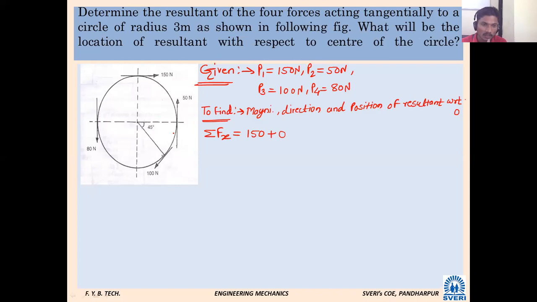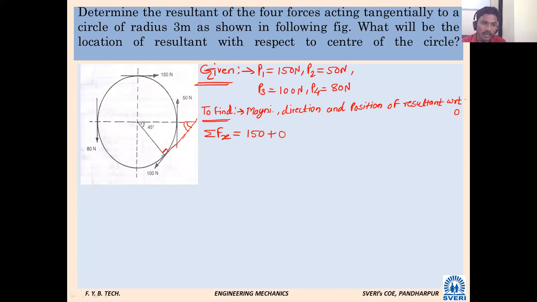This is the one important trick. I will just extend this force backward, in this way. What will be this angle with horizontal? 45 degree. As you know, here it is 90 degree.